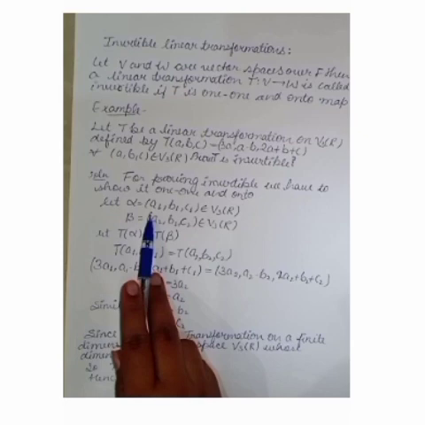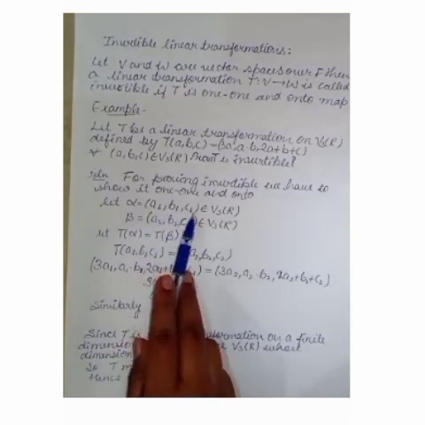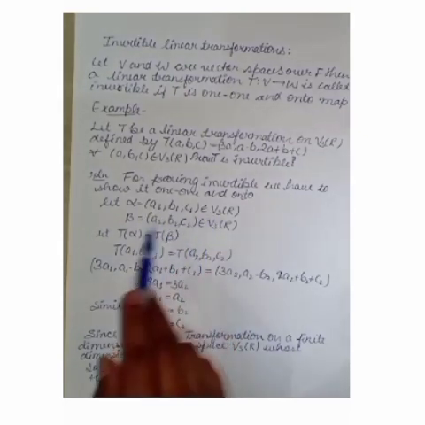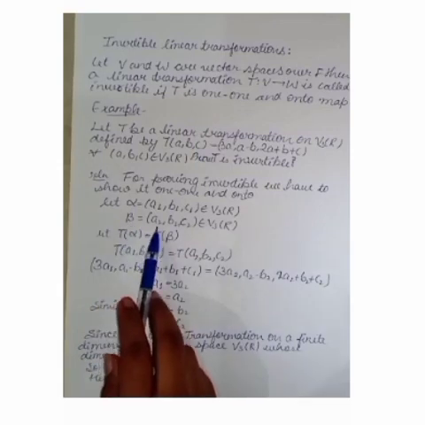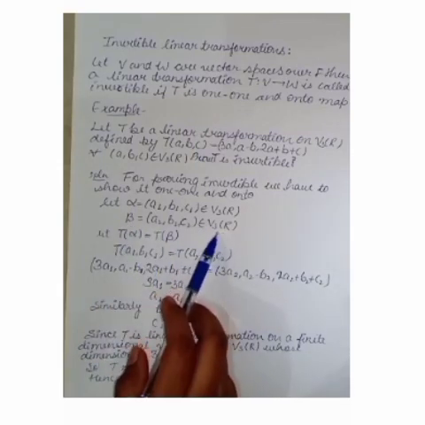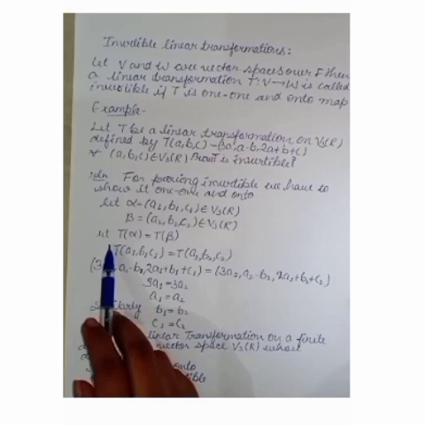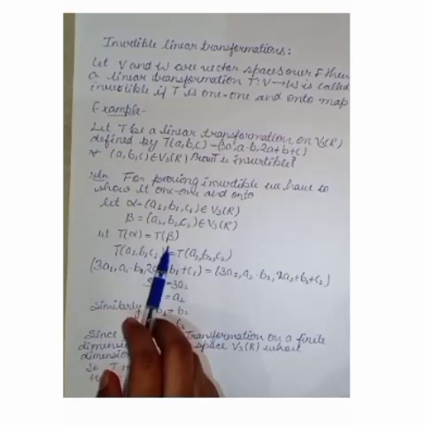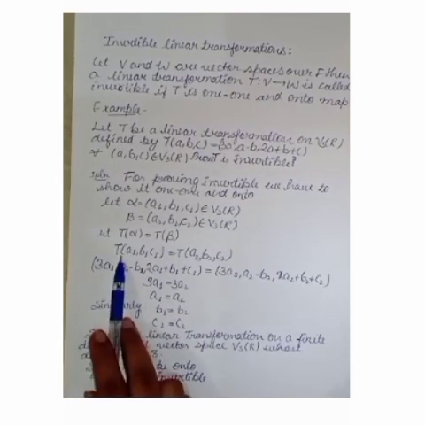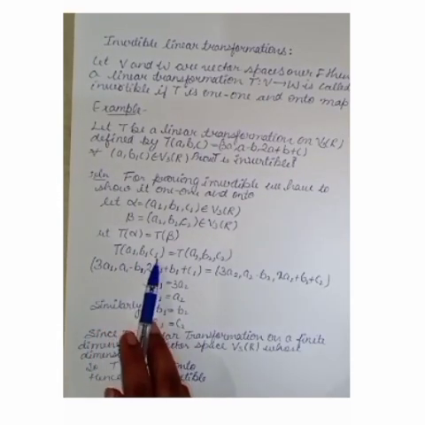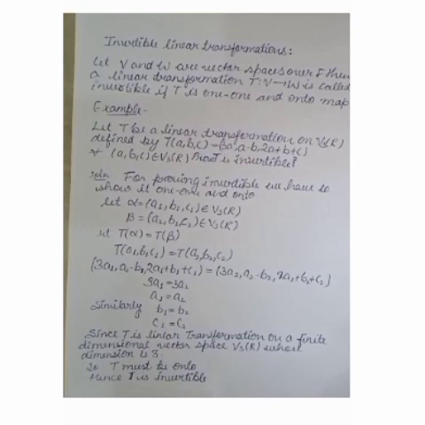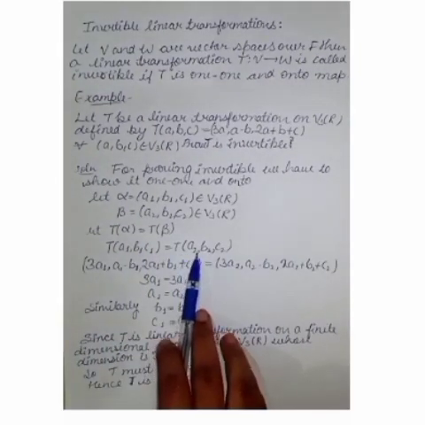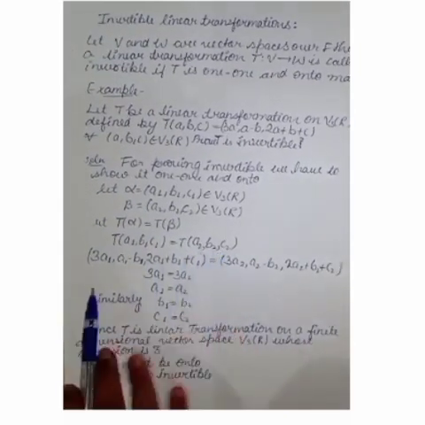Let alpha equals (A1, B1, C1) belong to V3(R) and beta equals (A2, B2, C2) belong to V3(R). Now let T(alpha) equal T(beta). T(A1, B1, C1) equals T(A2, B2, C2).